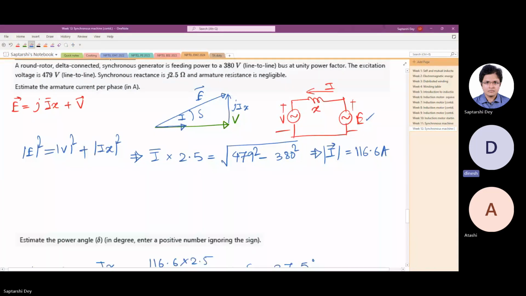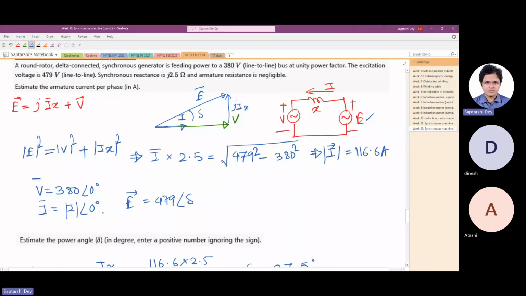Can we calculate this unity power factor delta from that? See, if I take V as 380 angle 0, I can take some value of I angle 0, and E is 479 angle delta.